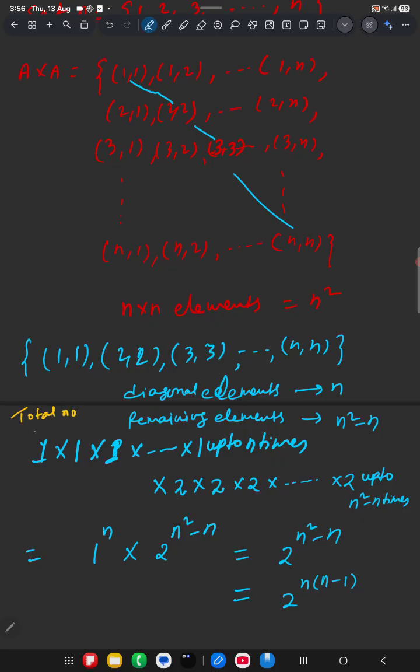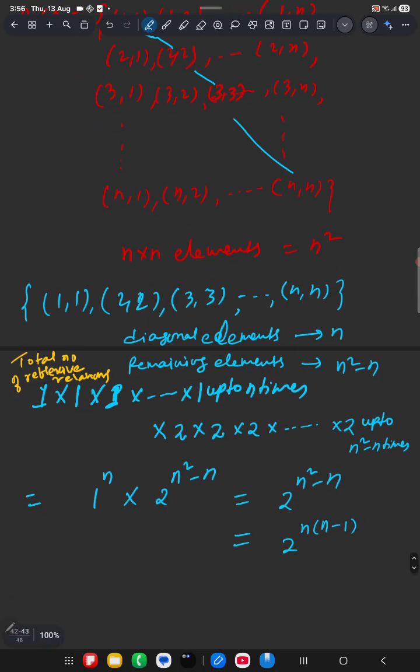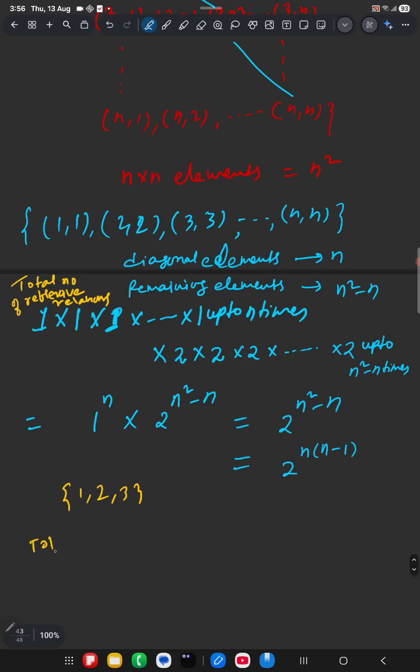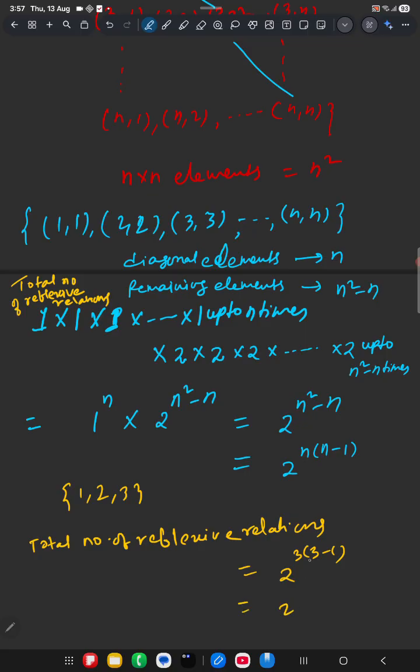Clear? So if your set has, suppose, 1, 2, and 3, meaning 3 elements, then the total number of reflexive relations will be how much? 2 power 3 into 3 minus 1, that is 2 into 3 into 2, that is 2 power 6.